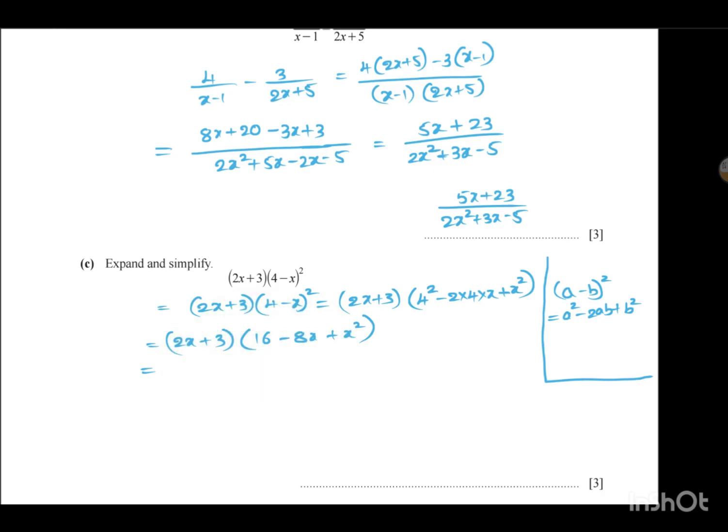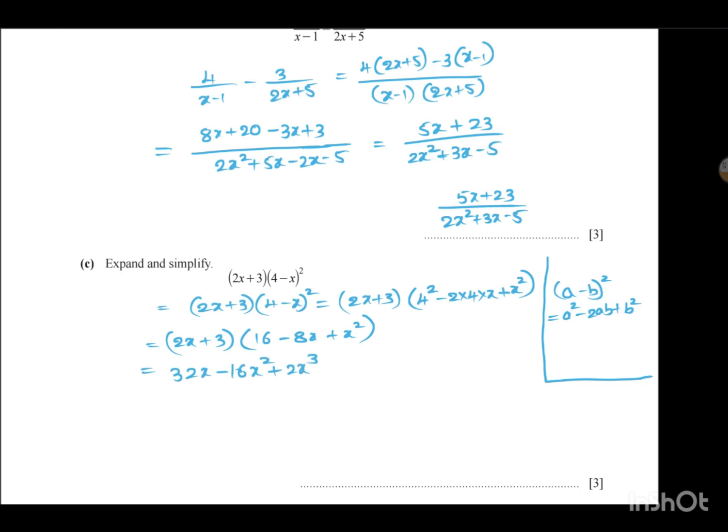So 2x into 16 is 2 into 16 is 32x. Then 2x into minus 8x is minus 16x square. Then 2x into x square is 2x cube.